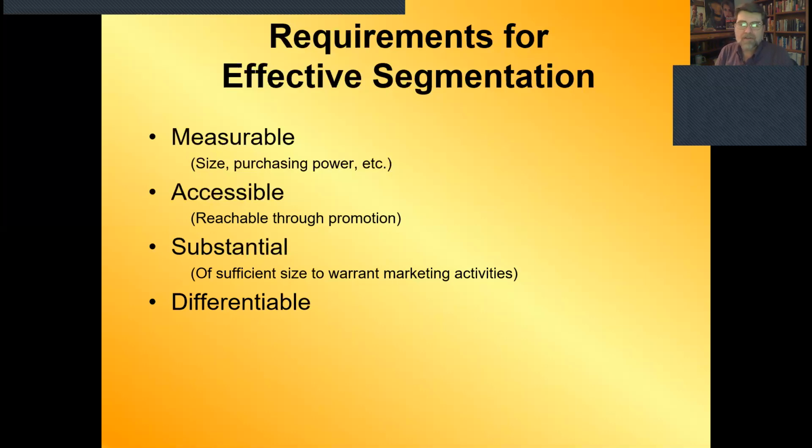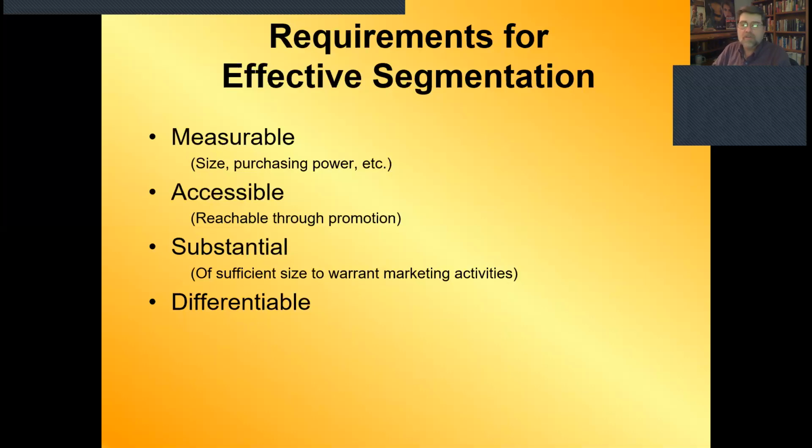Probably not. So we have to only segment in ways that are relevant, in that they would make a difference in the decision the customer would make, or make a difference in the way we would have to market the product, or make the product different for one segment versus another.